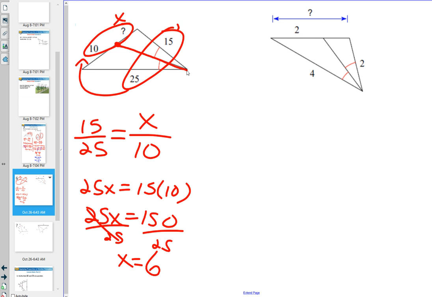Look at the next one. There's a couple ways you can do this. There's a real algebra way that you're going to feel uncomfortable with, and then there's more of an arithmetic way to do this. Notice how here we're looking for this entire side, right?